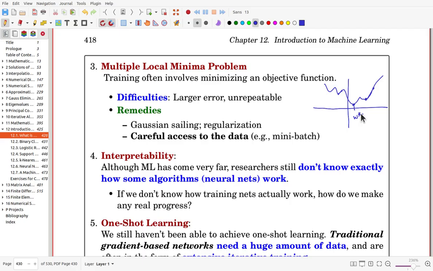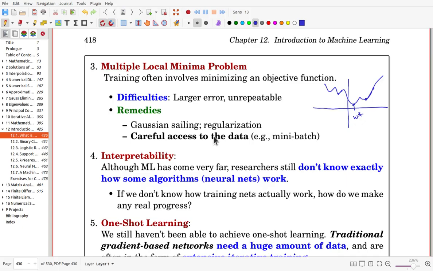To overcome this issue, we may try to get some smoothing of the objective function and also add some quadratic component through the technique of regularization. And also, if you access the data very carefully, as in the mini-batch strategy, then you can overcome this issue a little bit, so that by using such techniques, you can mitigate the issues.